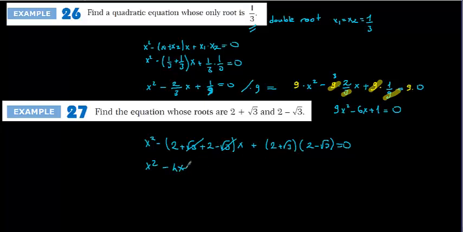So minus 4x, plus, here we have one important part: 2 plus root 3 and 2 minus root 3 are conjugates of each other, which means I'm going to multiply (a minus b) times (a plus b), which is equal to a squared minus b squared. So I'm going to write here plus 2 squared minus root 3 squared, not 4 squared minus 3 squared.